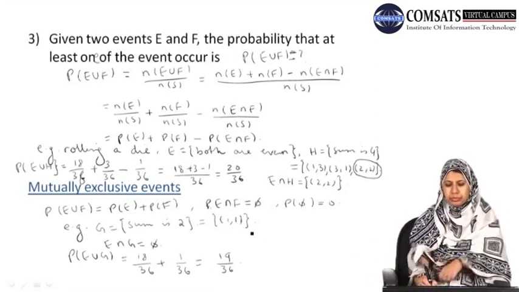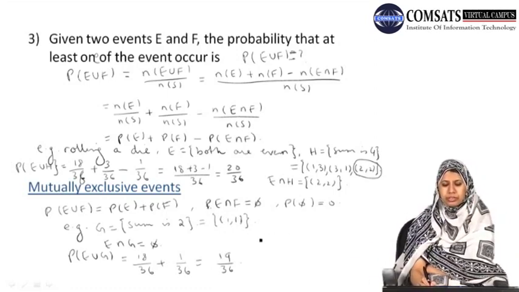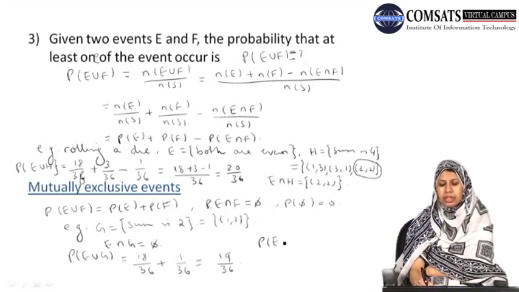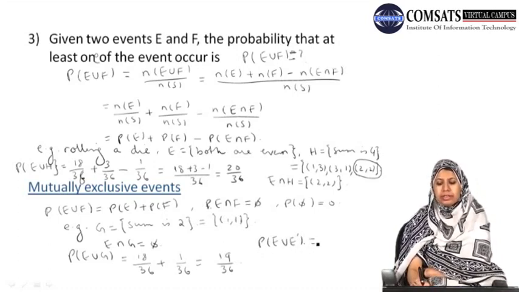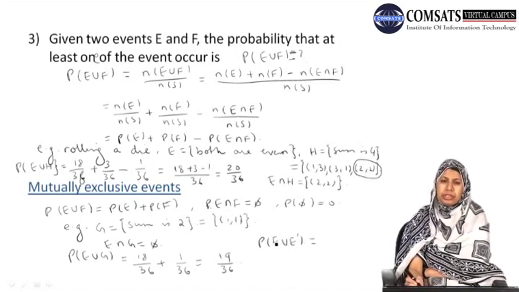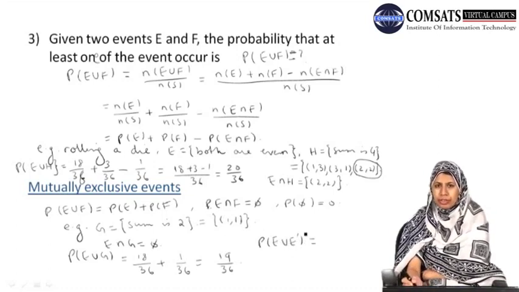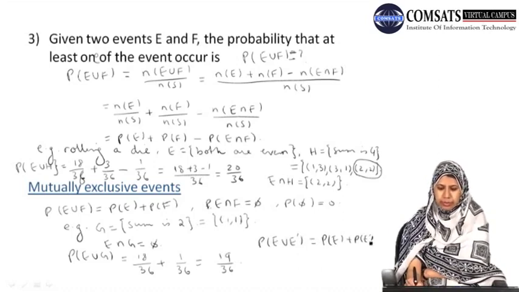For example, in the case of mutually exclusive events, consider the probability that at least the event E or its complement will occur. Since these two events are mutually exclusive, that is either the event will occur or its complement will occur, in this case it is equal to the sum of the respective probabilities of the event and its complement.